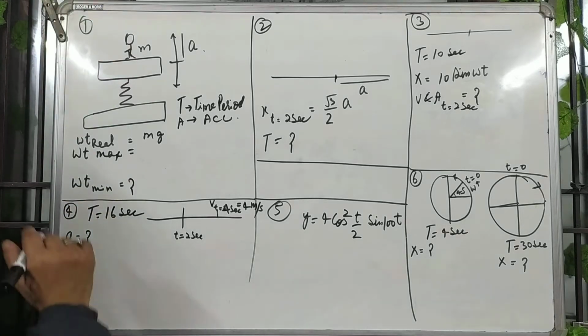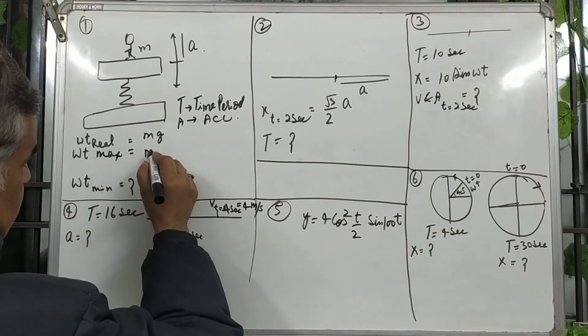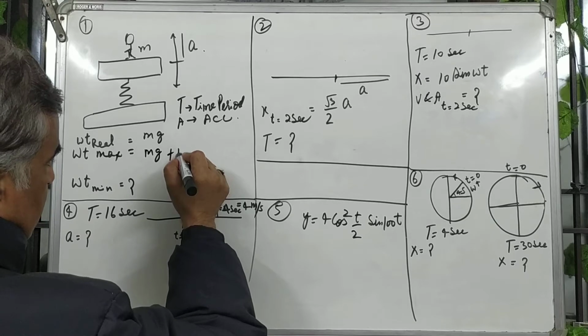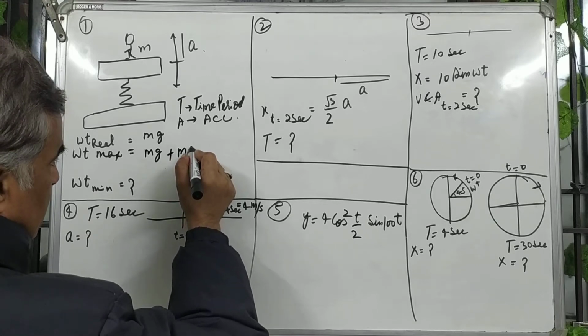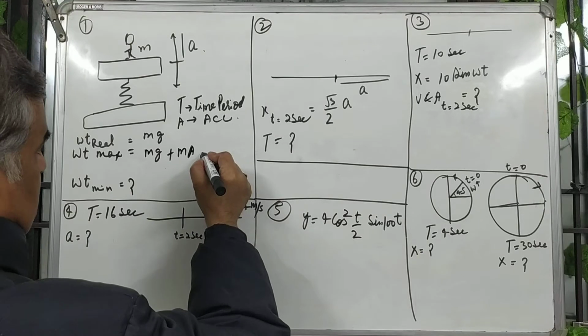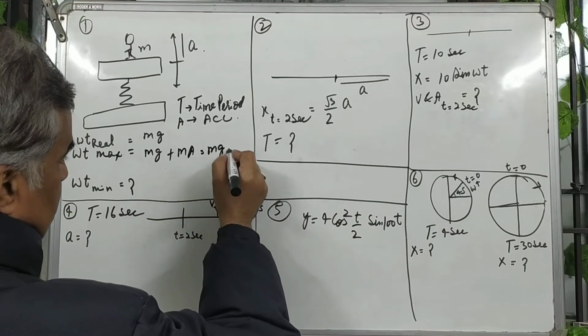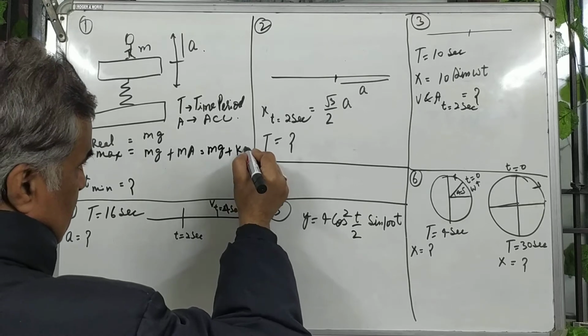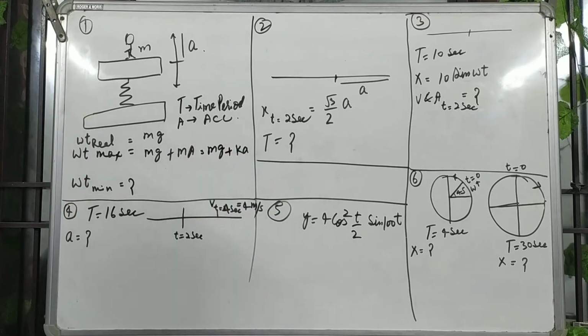So in this case, mg plus ma is the pseudo force, or if you wish, you may write mg plus ka, the restoring force, mg plus k, as you wish.